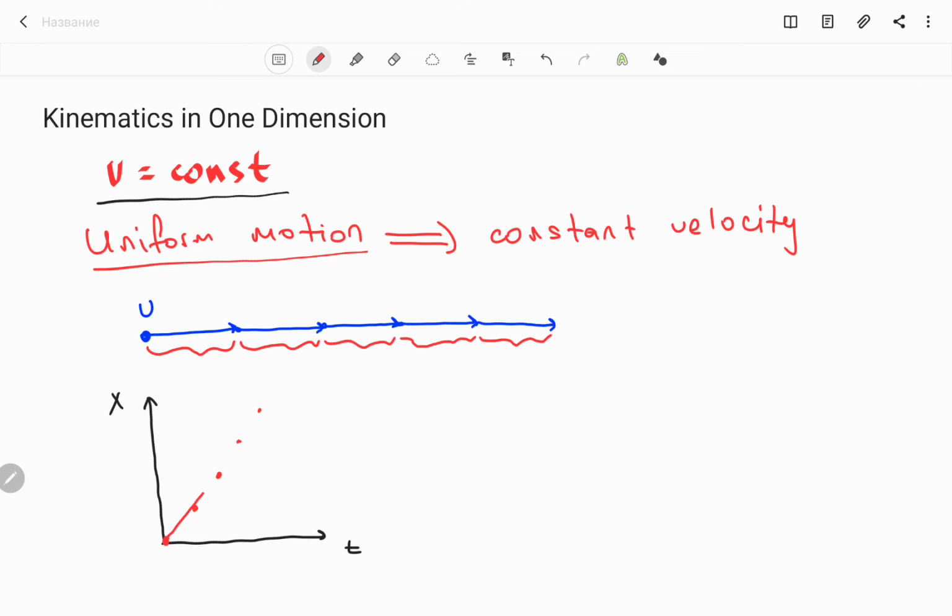Basically you will get a straight line. This explains motion with constant velocity, because we know that with constant velocity, an object or vehicle will cover the same distance in the same interval of time. That's why you should expect a straight line.